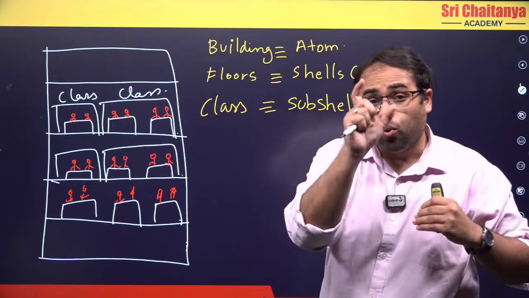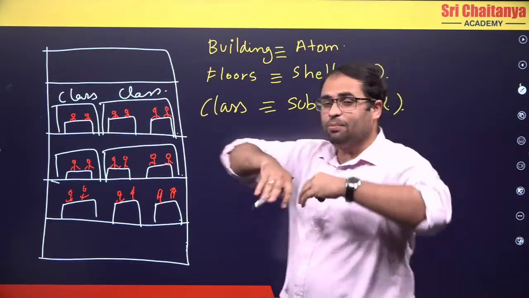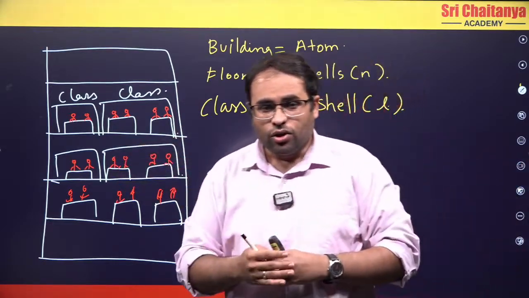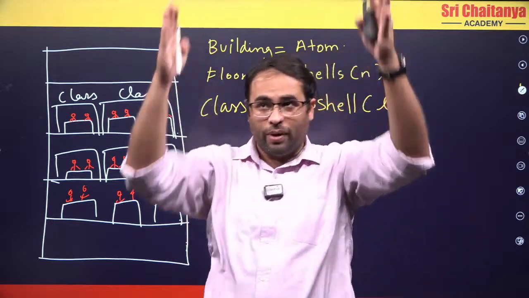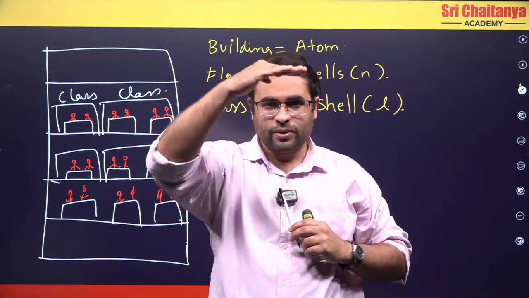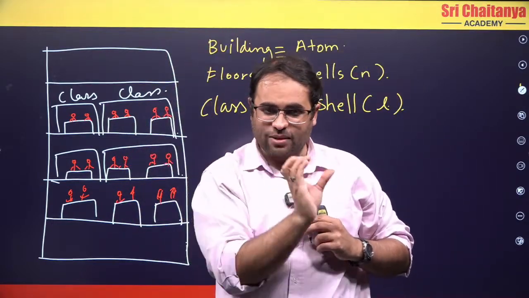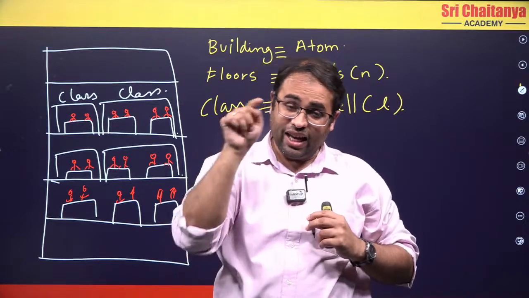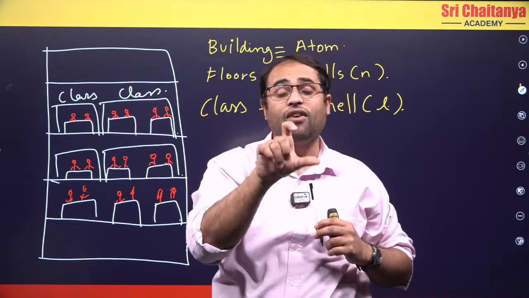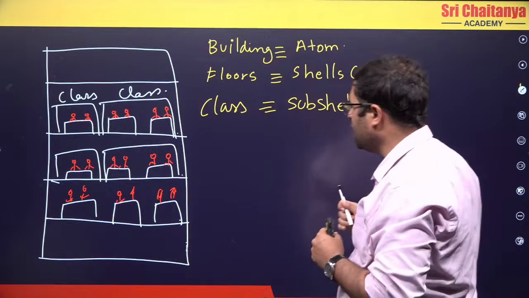Now, in one class, you have many benches, right? So, once again, let's rewind. You have a building, you have floors. Each floor has many classes. In each class, you have many benches, right?